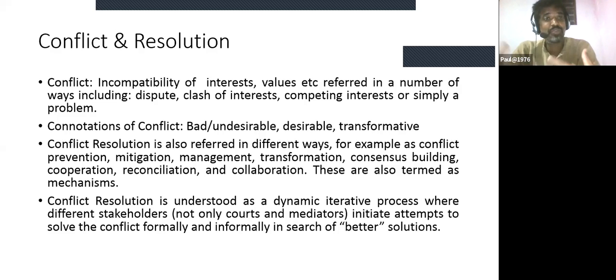But one thing we have to understand is that the connotations of conflict, the nomenclature of conflict and its meaning get changed over the period of time. For example, conflict, nobody wants it. It has got a negative connotation. It is an undesirable phenomenon in the society.